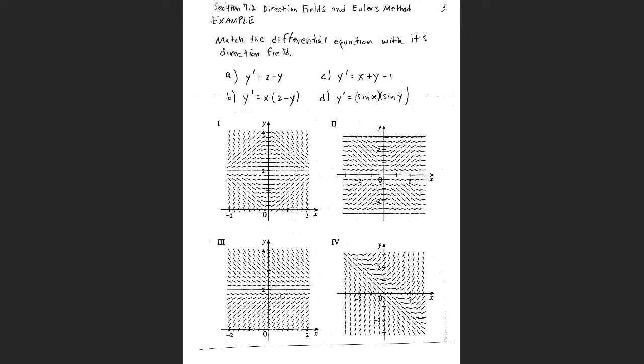What I'm doing here is giving you 4 differential equations: A, B, C, and D. What I'd like you to do is match the differential equation with its direction field.